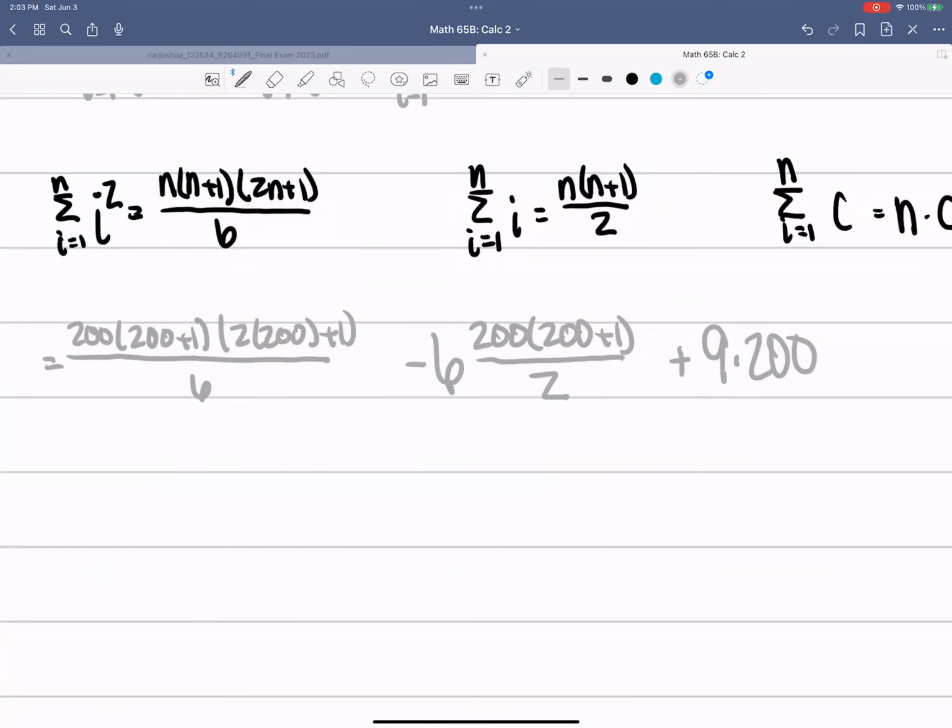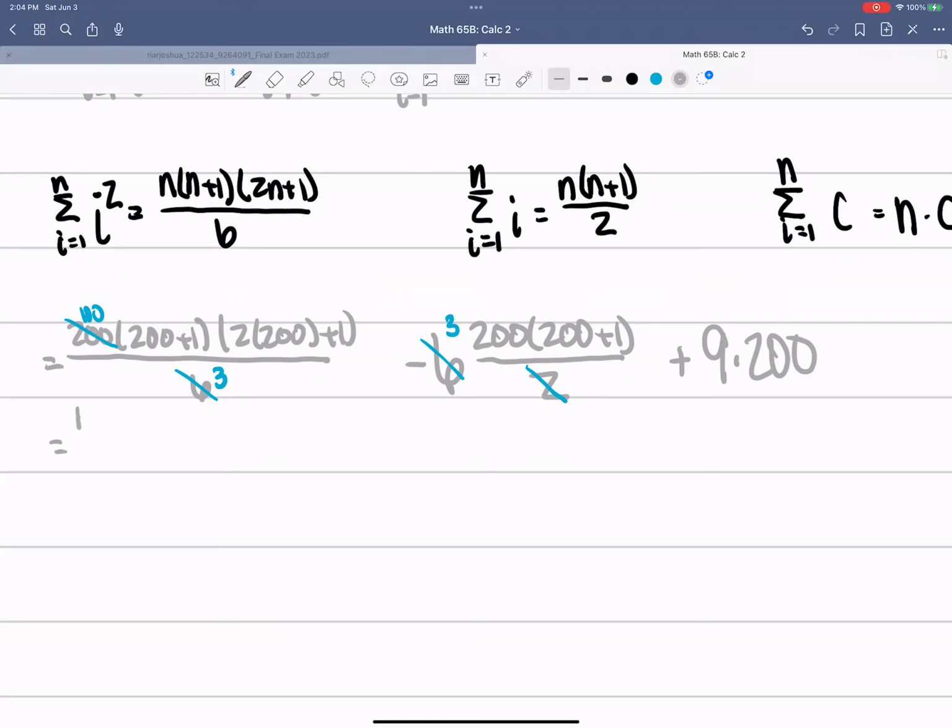And now from here, I see that 6 goes into 200, we have 3 left over here. And dividing the 2's out there, 2 goes into 6 3 times. So let's try to clean this up.